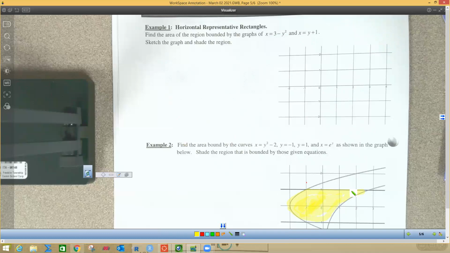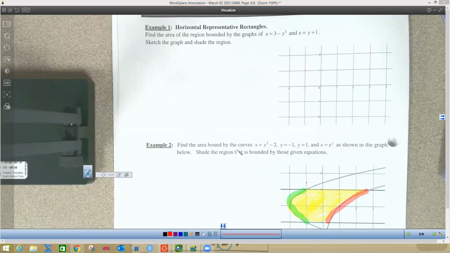And again, if you look, what's on top is not the same all the time. The y equals 1 is on top here from here to here, but now the parabola is on top. Okay, so this is why you want the right minus the left, because this thing is on the right the entire time. That's on the right the entire time. And then this is on the left the entire time. So it's red minus the green.